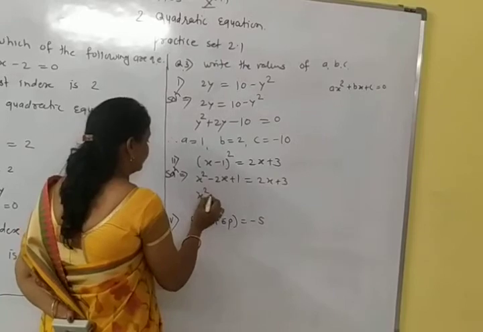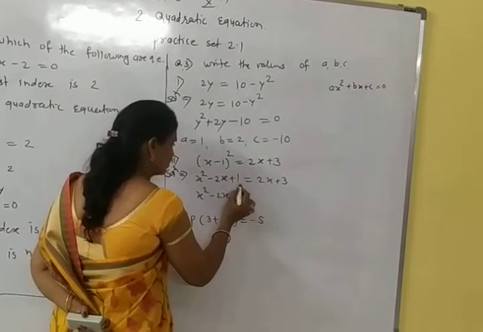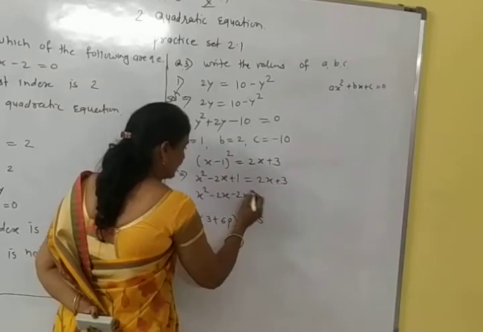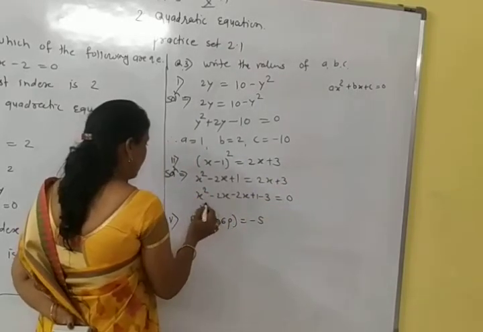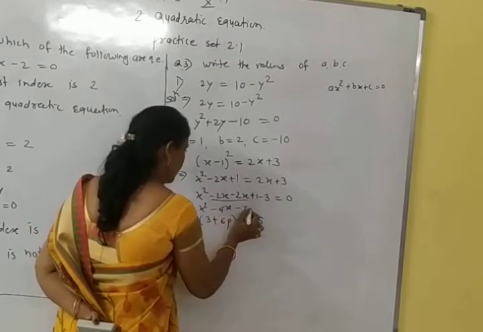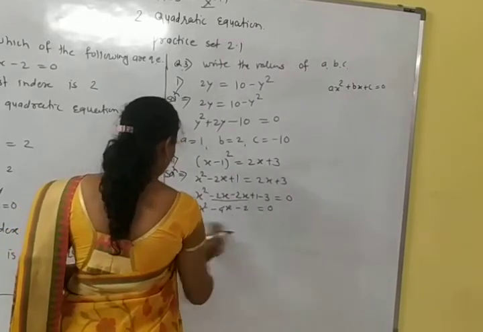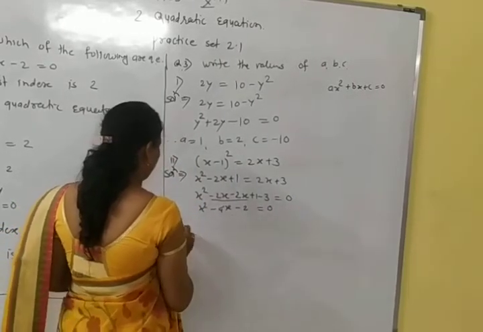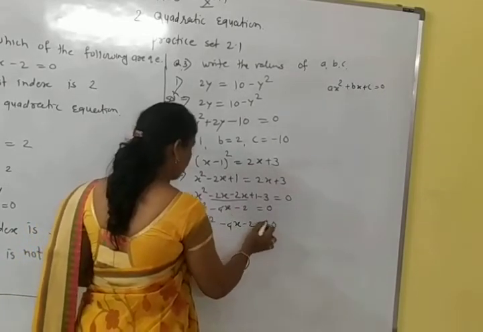Here x square minus 2x, 2x can be written as minus 2x, here plus 1 and 3 minus 3 equal to 0. X square minus 2x minus 2x minus 4x minus 2 equal to 0. Therefore, x square minus 4x minus 2 equal to 0.